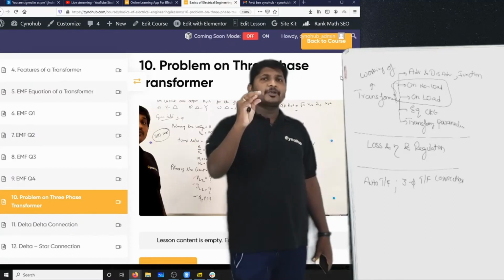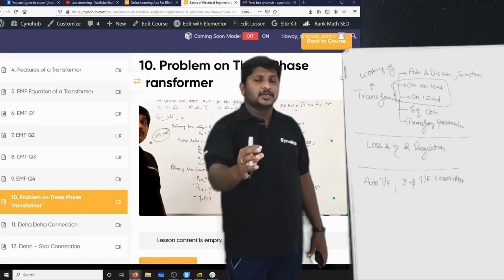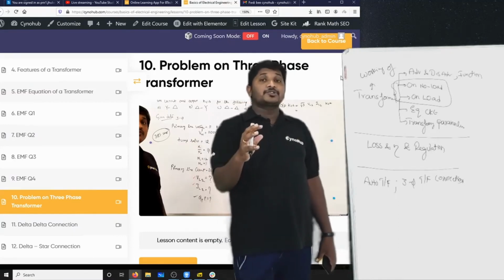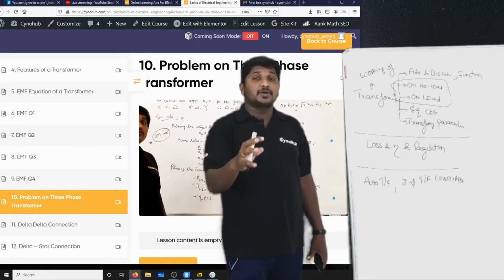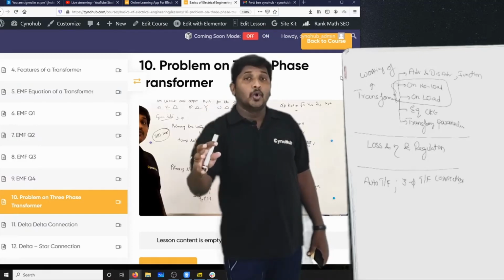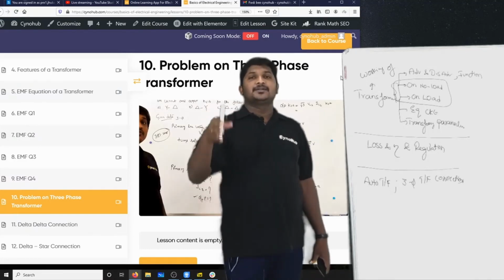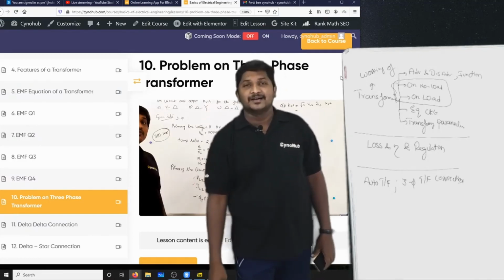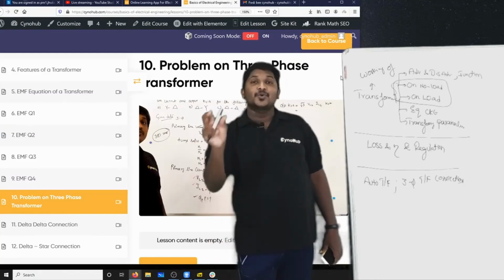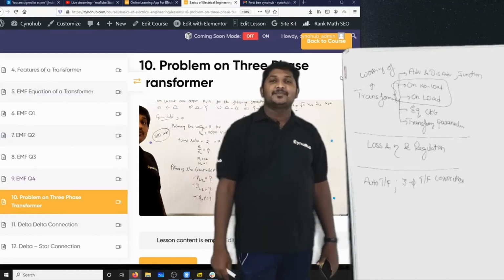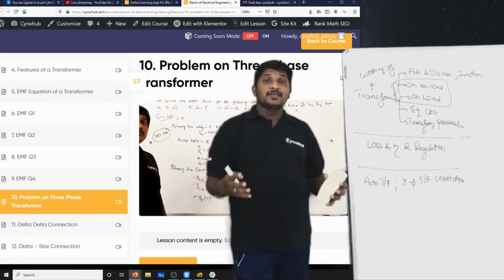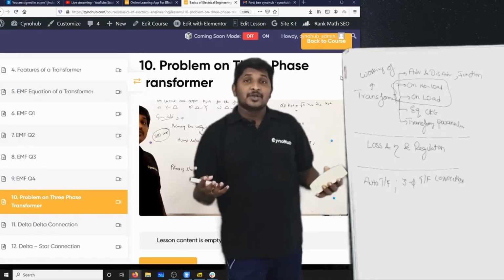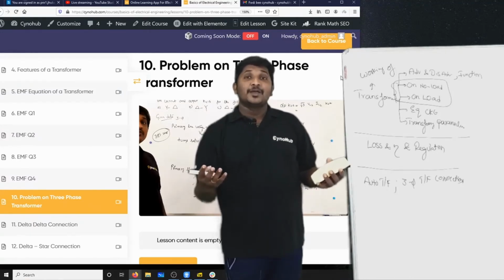What is the operation of a transformer? What is the operation of a transformer on no load? What is the operation of a transformer on load with phasor diagrams? Continuation of that question. Okay. If the question is like this, explain operation of a transformer, all of you will write. But what will be there at last?